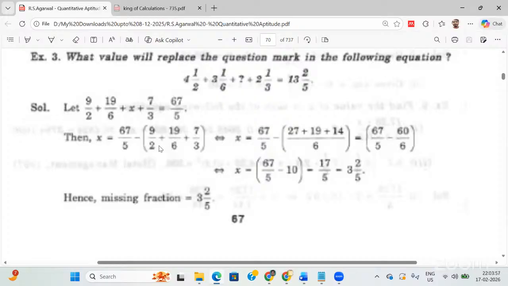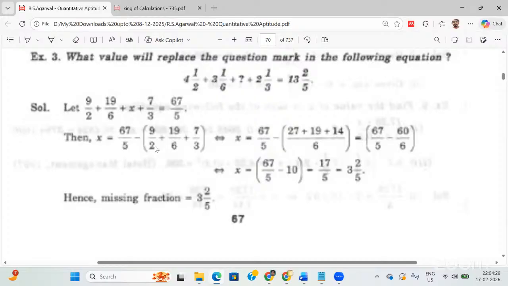Therefore put 6 over here, and then divide 6 by 2. It becomes 3 for the first item, and multiplying 3 with 9, it becomes 27. For the second item within the bracket, 6 divided by 6 is 1, so you multiply 1 with 19, which is 19.